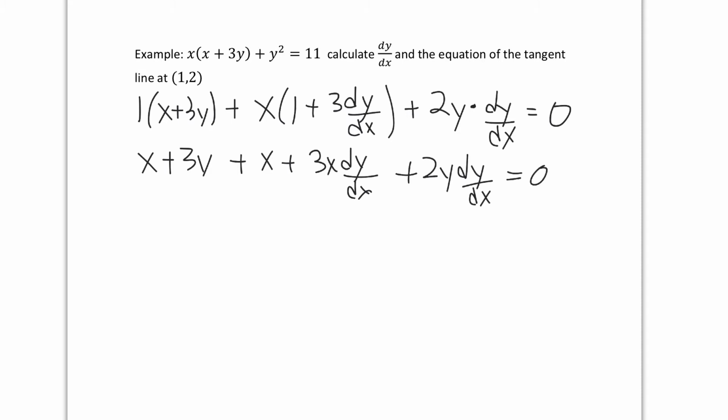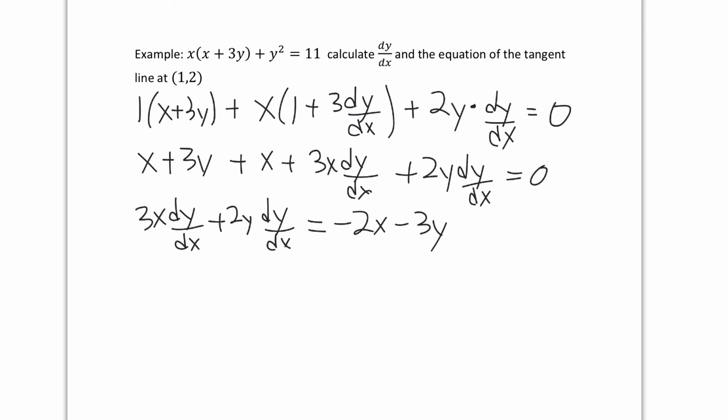We're going to go ahead and move everything with dy to the left-hand side. You're almost treating dy/dx like a variable you're trying to solve for. And we'll move the other terms to the right-hand side. So we'll get 3x dy/dx plus 2y dy/dx equals negative 2x, just grouping the x's together, minus 3y. Now we factor out the dy/dx because it's in common, giving you 3x plus 2y.